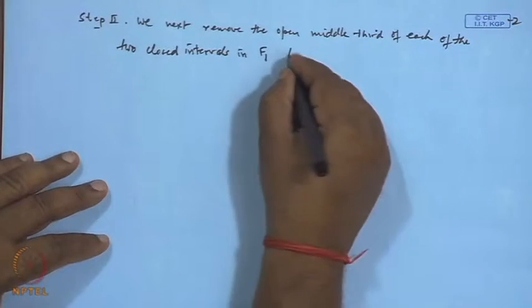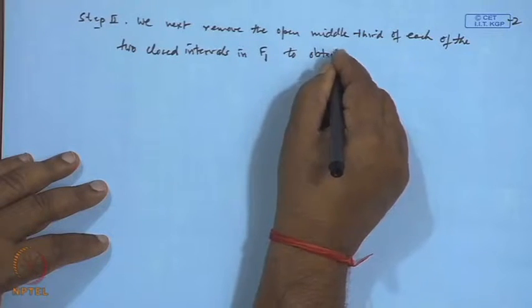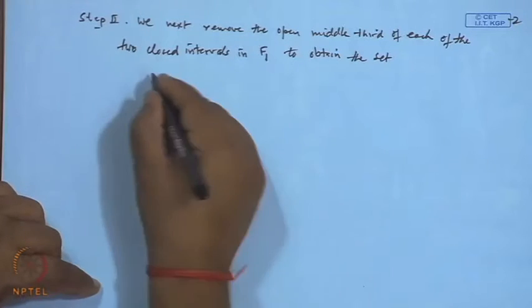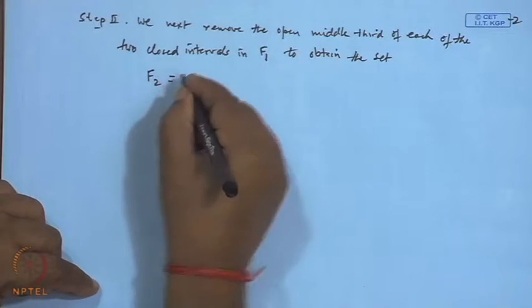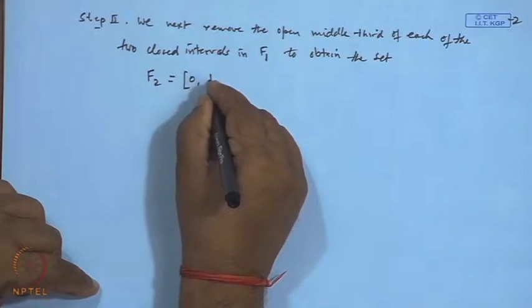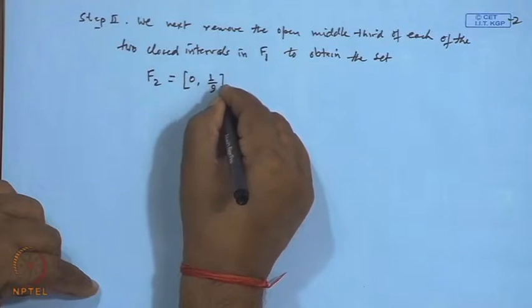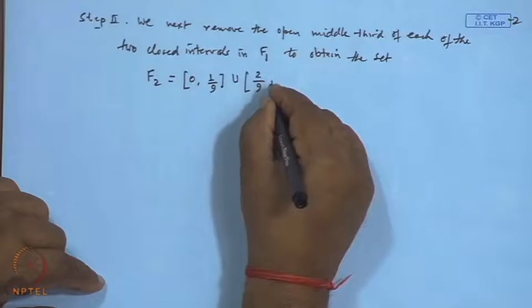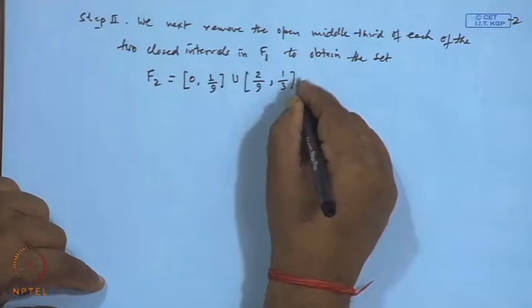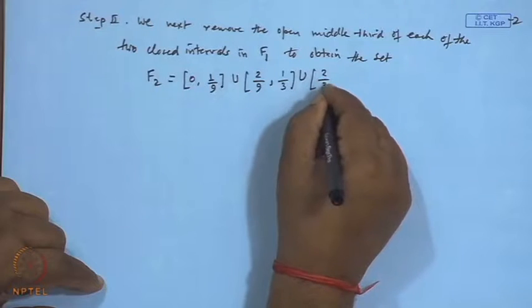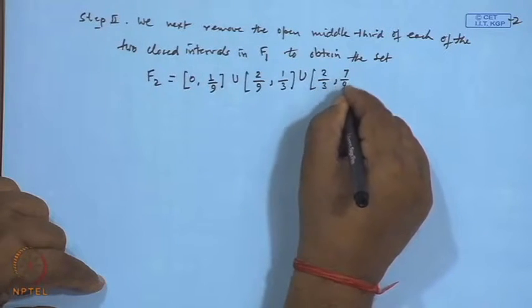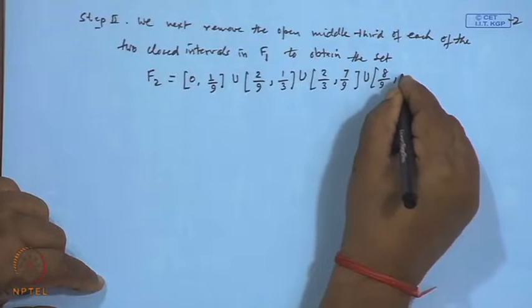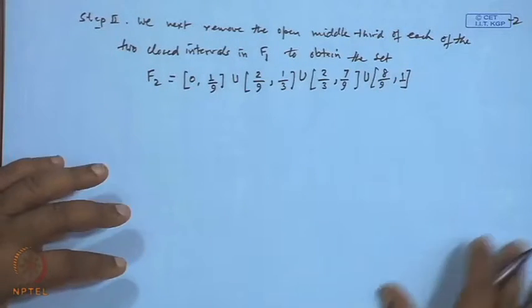To obtain the set, which we denote by F2, as [0, 1/9] union [2/9, 1/3] union [2/3, 7/9] union [8/9, 1].